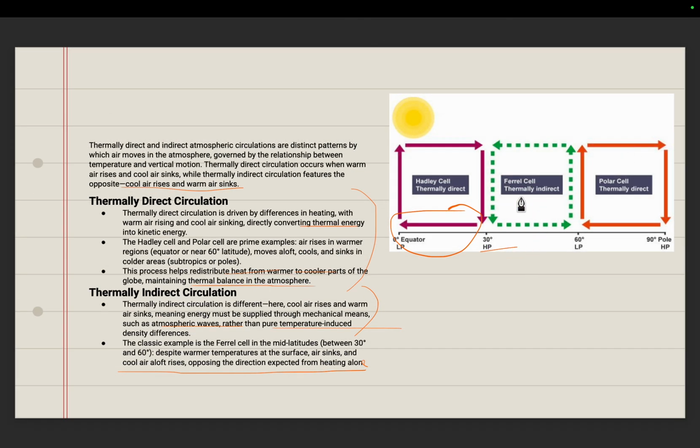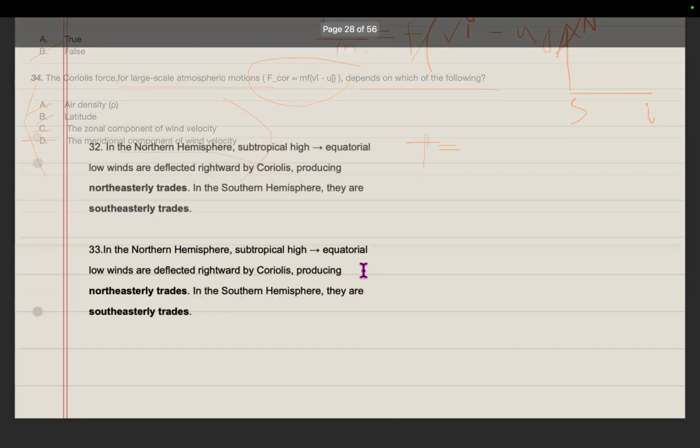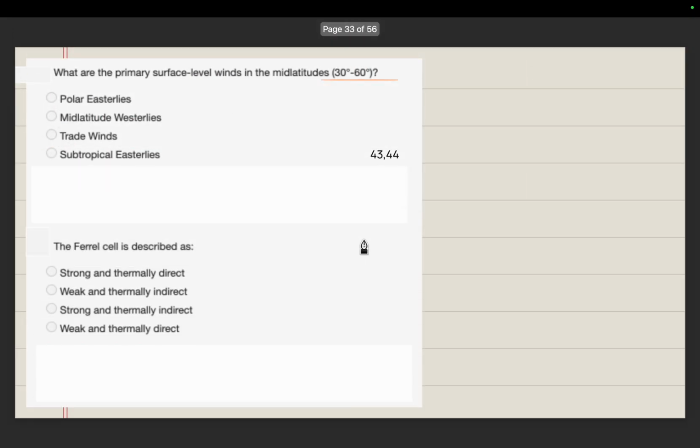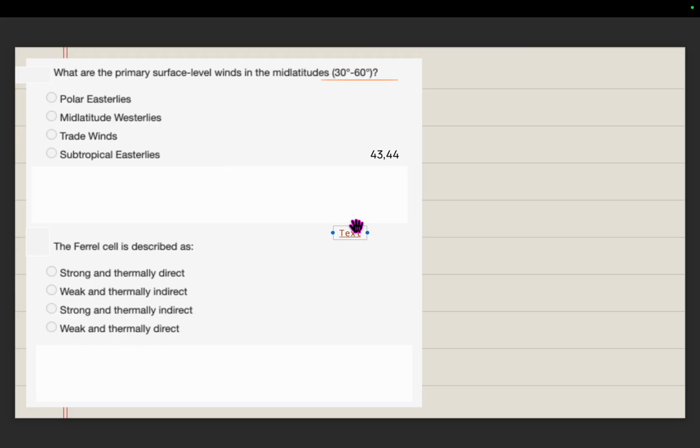You can see this is the Ferrel cell surface component.